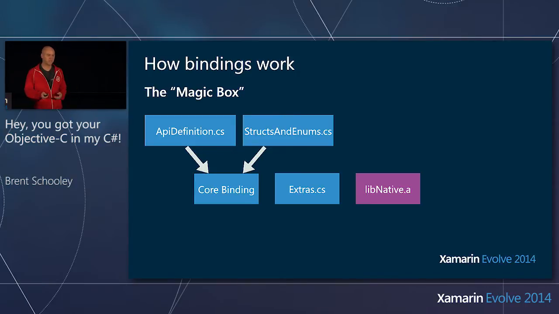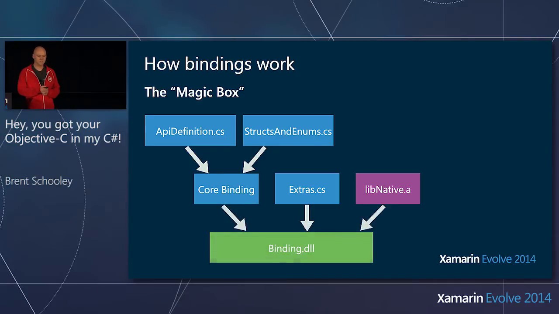So 64-bit, ARM, all the different flavors of that, so that they're all available to Xamarin Studio in the binding process. And all of those three things combined, core binding, extras.cs, and the native library, result in a DLL that you can reference in your code. So this will have all of the classes that you've bound and all of the extra APIs that you've added to it.